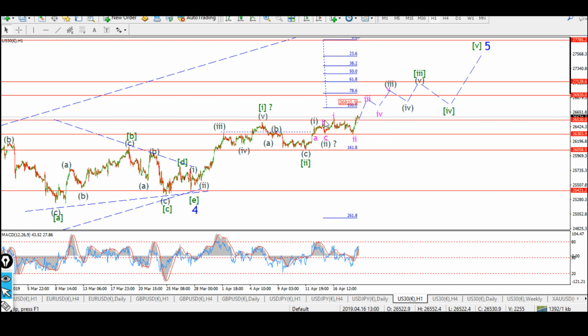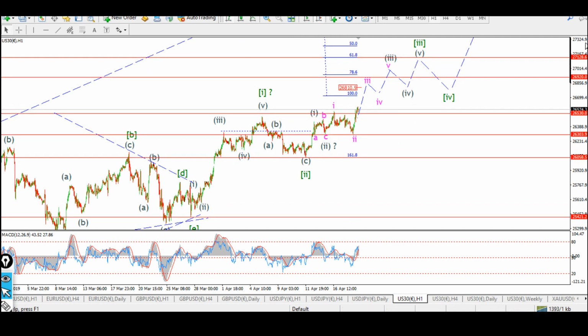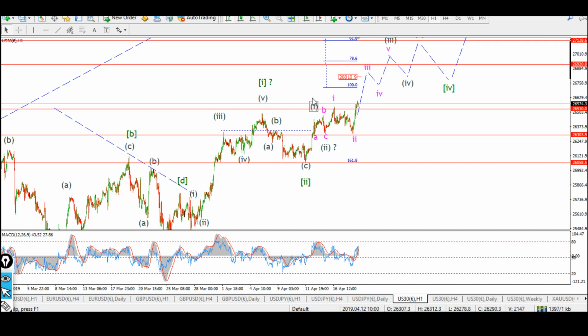Whether you take this high as wave 1 or that previous high as wave 1, it looks like we have another second wave complete, and the move up on Friday is most likely wave 3 of 3 of 3.